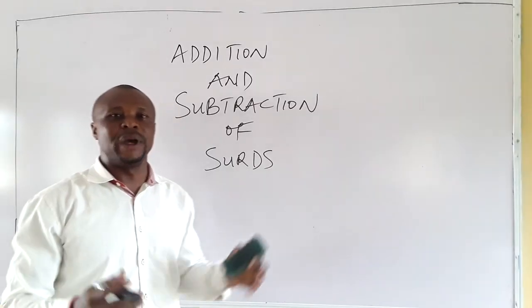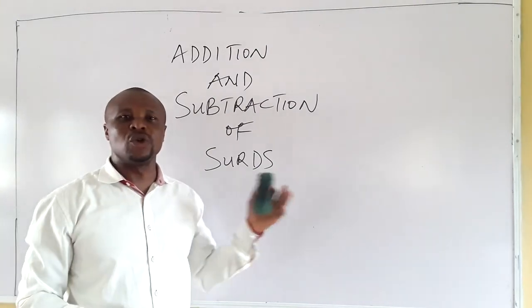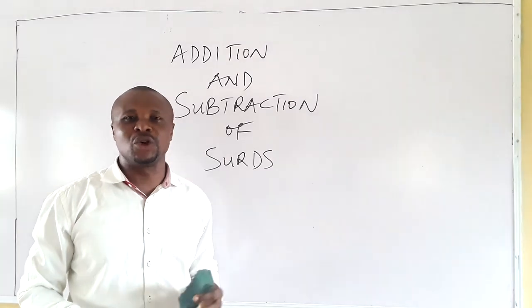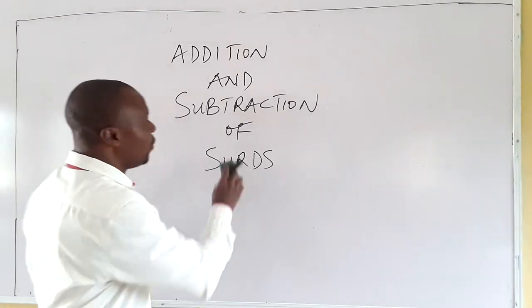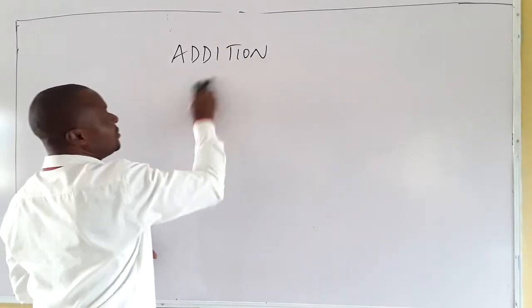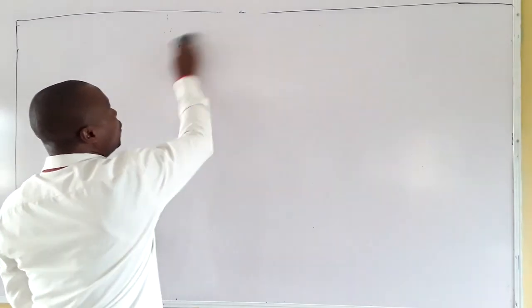In this video we are going to learn about how surds can be added and subtracted. Now we already know that surds are square roots of numbers that don't give a whole number.